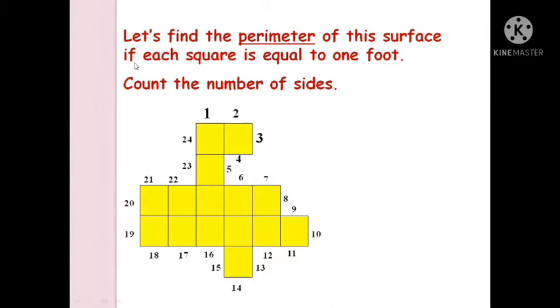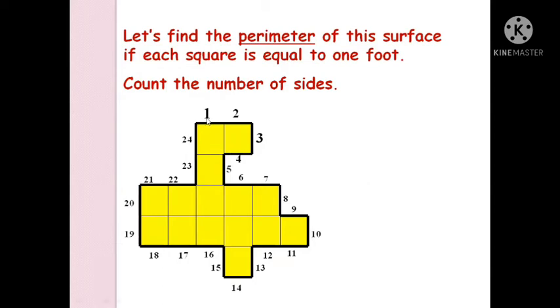If each square is equal to 1 foot, then each square side is equal to 1 foot. Let us count 1, 2, 3, up to 24.